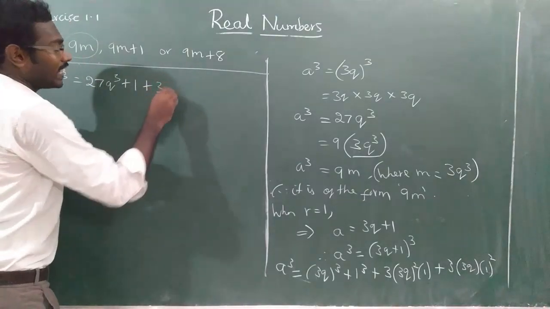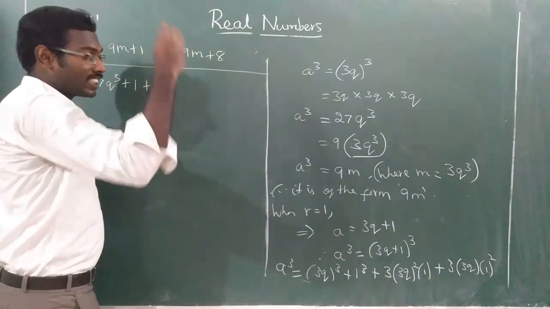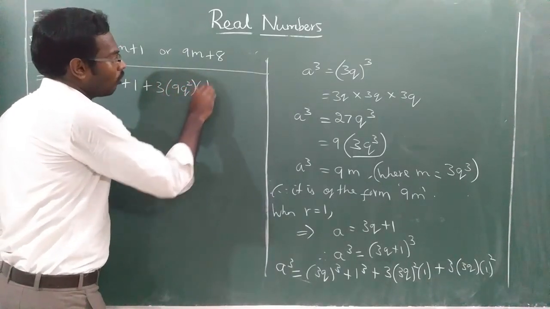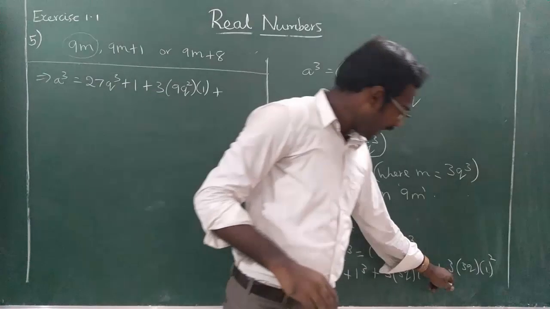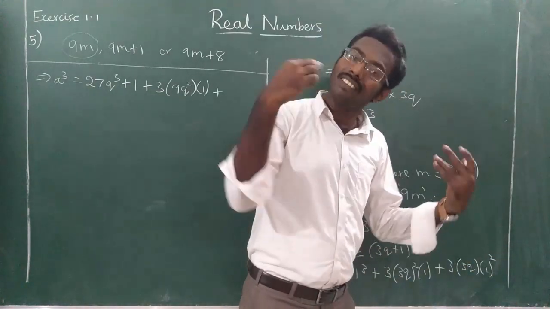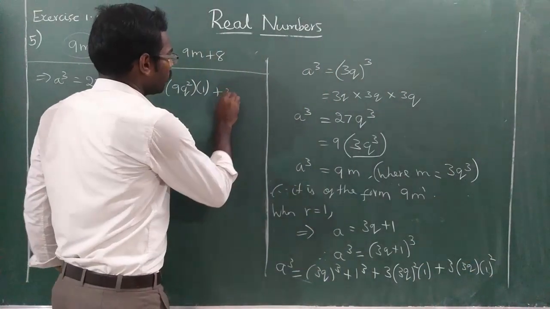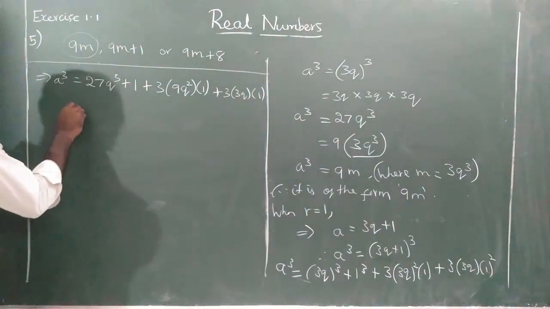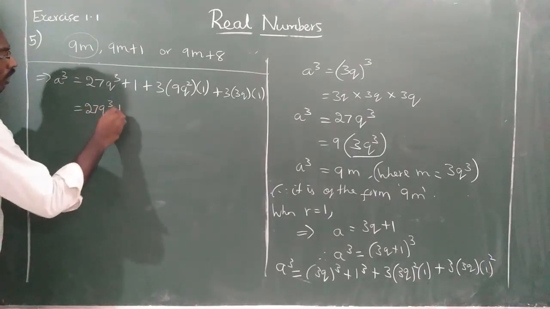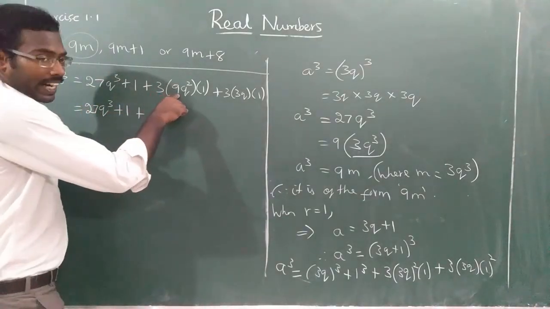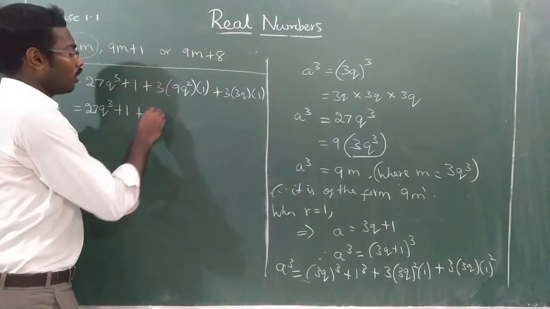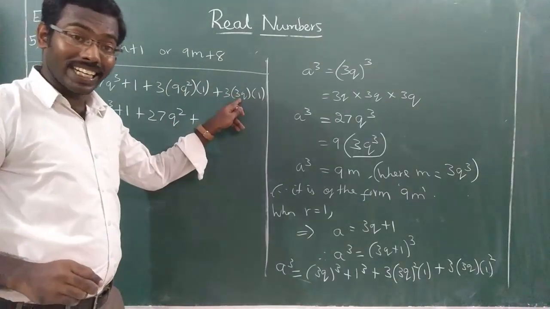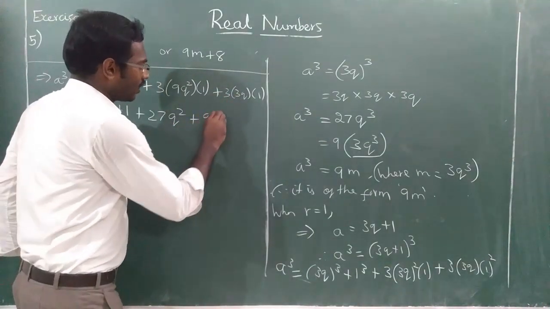So 3 into (3q)²: 3² is 9, q² is q², so 9q² into 1, plus 3 into 3q into 1². 1² is 1 only. So 3 into 3q into 1² is 9q. So you will get 27q³ + 1 + 3 into 9, 27q²... 27 into 1, 27q², plus 3 into 3, 9q.